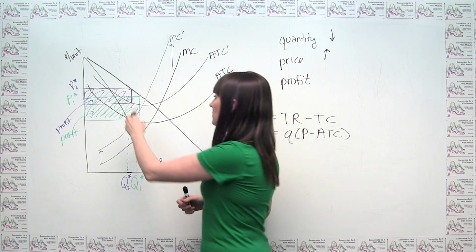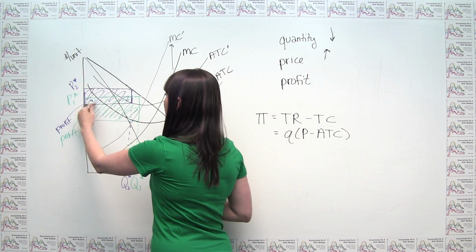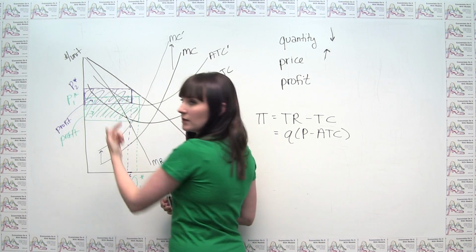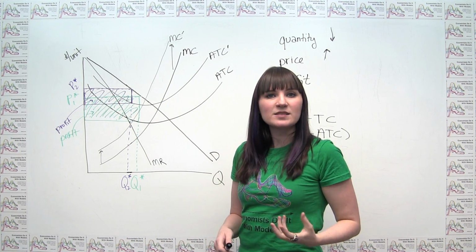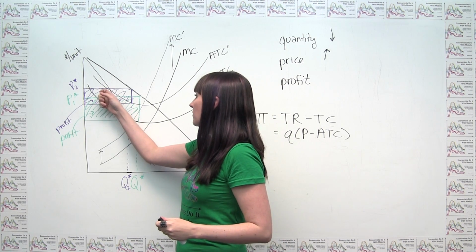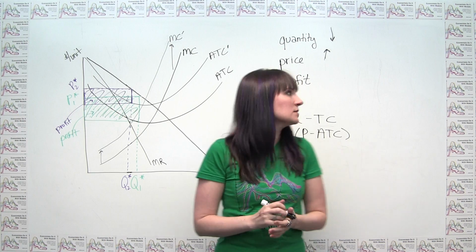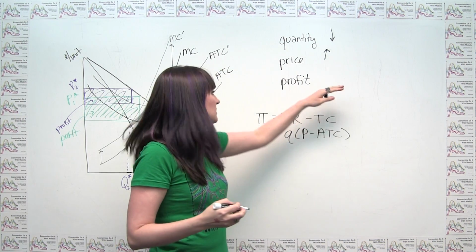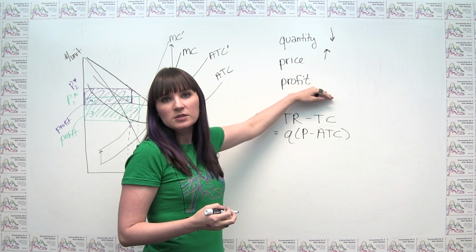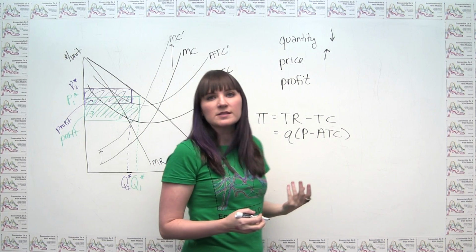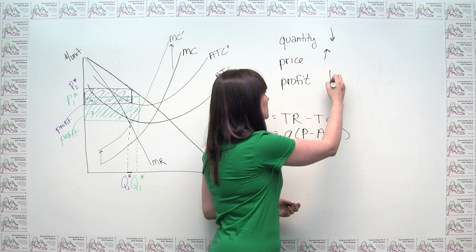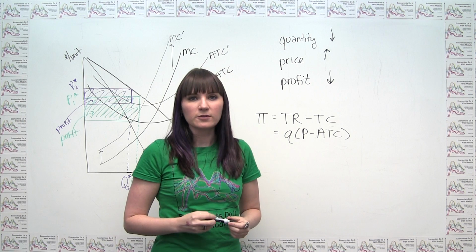So if we're further reducing the size of the rectangle to get to this actual purple rectangle that we see here, it must be the case by definition that this profit rectangle is smaller than the original one that occurred before the cost increase. And we can say pretty convincingly that our intuition is correct, that this increase in marginal cost is actually going to decrease profit for our monopoly.